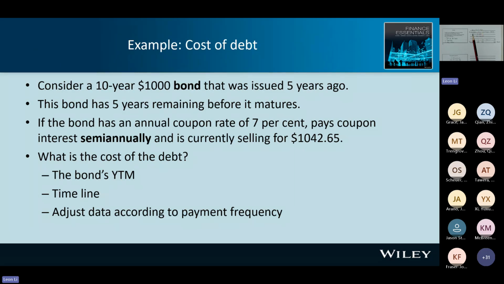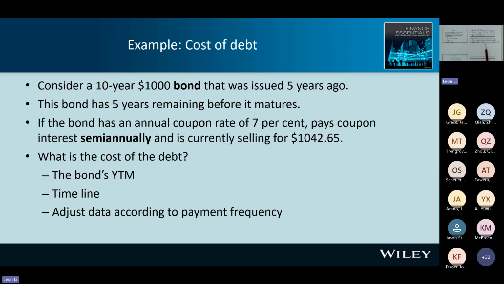Coupon rate 7%, again 7% divided by 2, semi-annually. 1,000 face value times 0.07 divided by 2 is $35. This is our coupon payment every period. Face value 1,000. Bond price today, this amount.